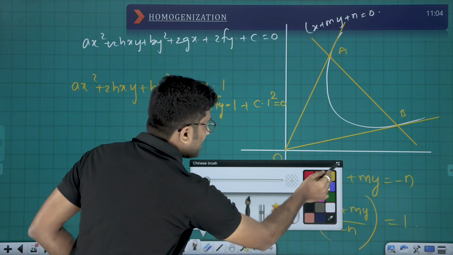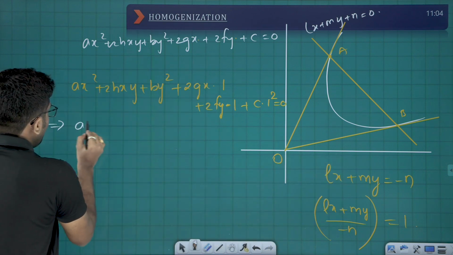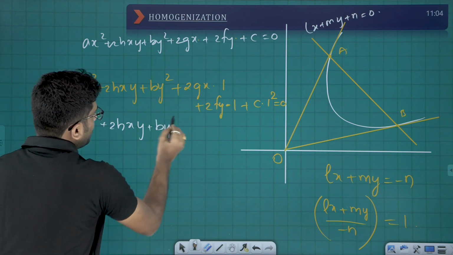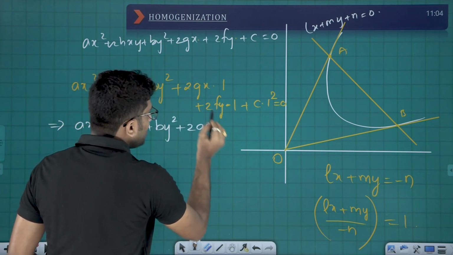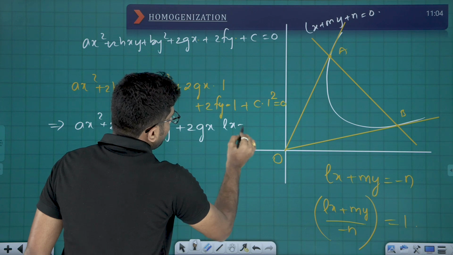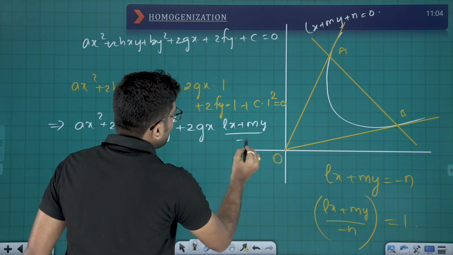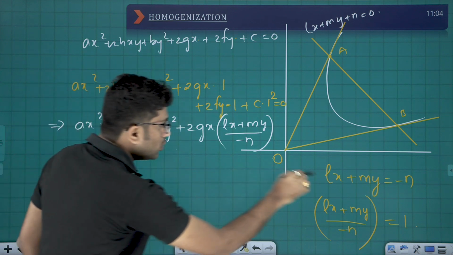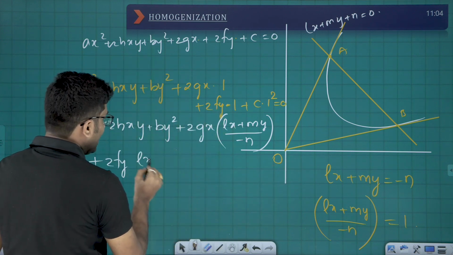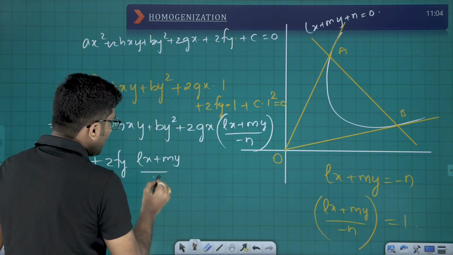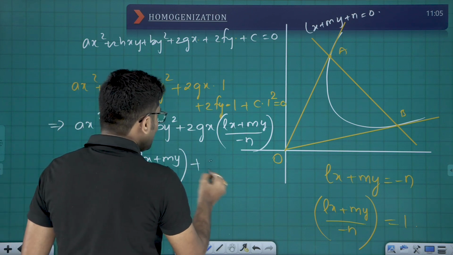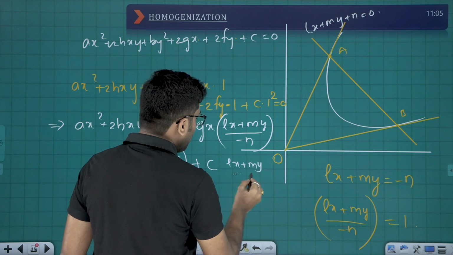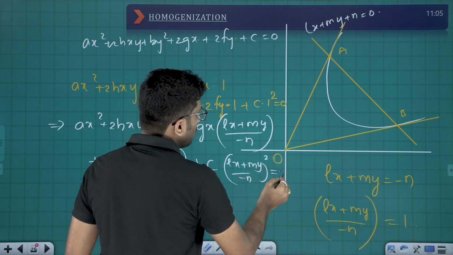So when you replace it, what happens friends? ax square plus 2hxy plus by square plus 2gx into 1 is (lx plus my) divided by minus n, plus 2fy into 1 means (lx plus my) divided by minus n, plus c into 1 square is ((lx plus my) divided by minus n) whole square, is equal to 0.